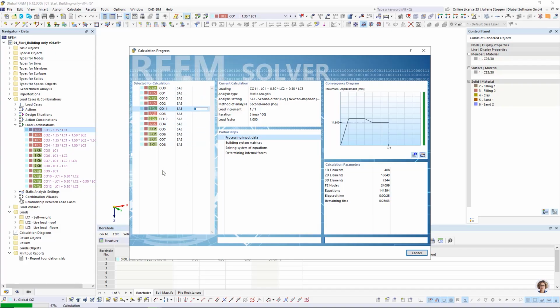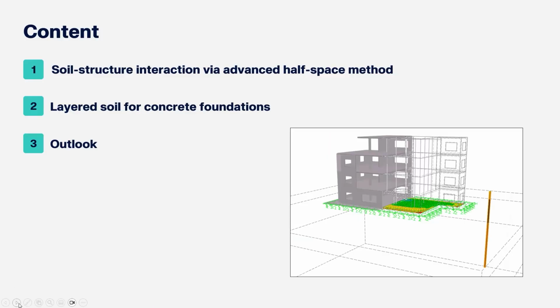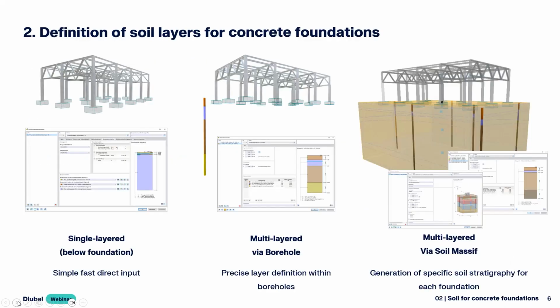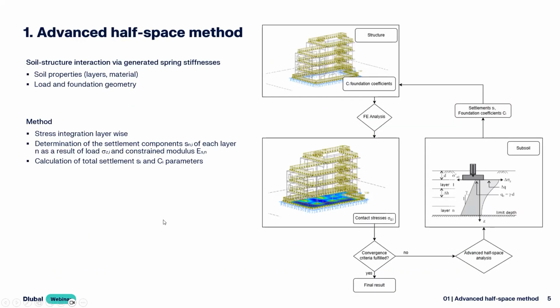Okay, while the calculation is running, I would like to show one more slide. So we go back here and click, and oops, this was too far. I just prepared the slide to summarize the procedure that is done now. The advanced half space method is able to consider the soil structure interaction via these generated spring stiffnesses.